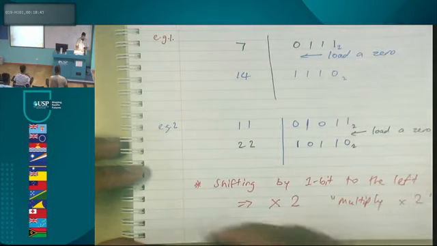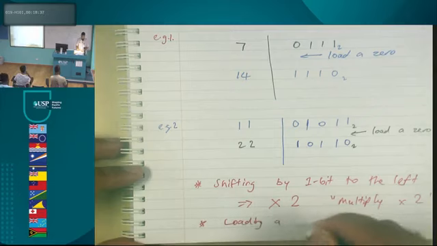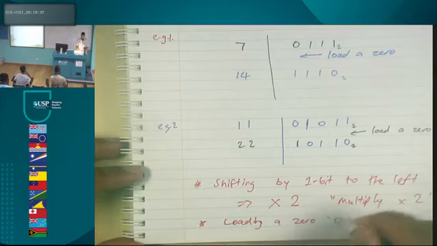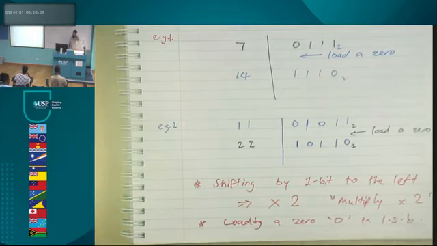And of course, we've got to do it by loading a 0 in the LSB. We load a 0 to the LSB, but everything is moved.